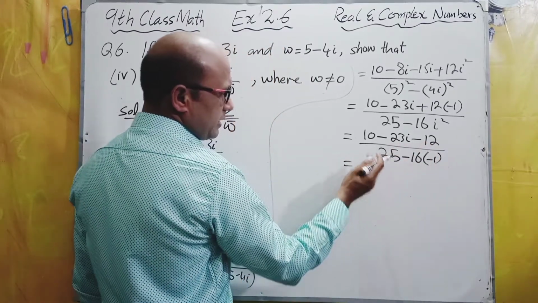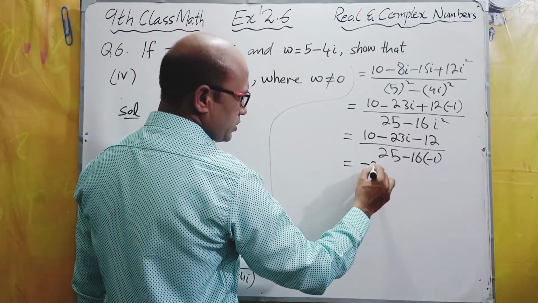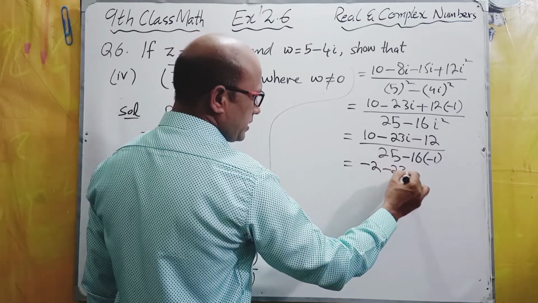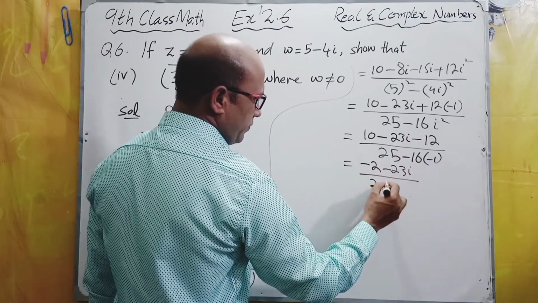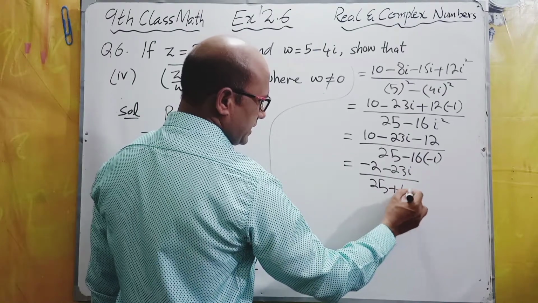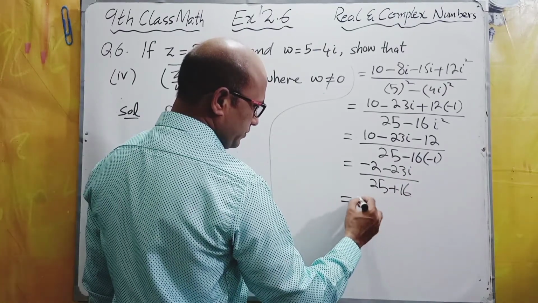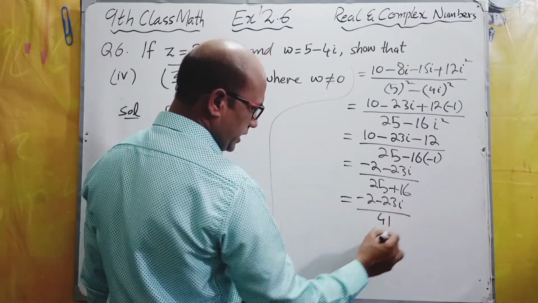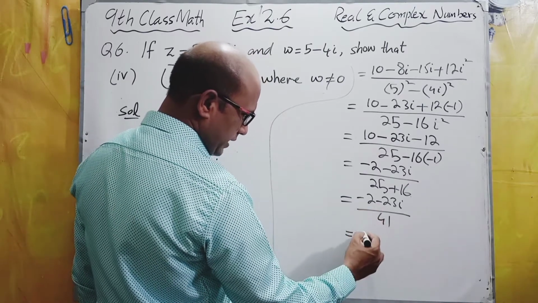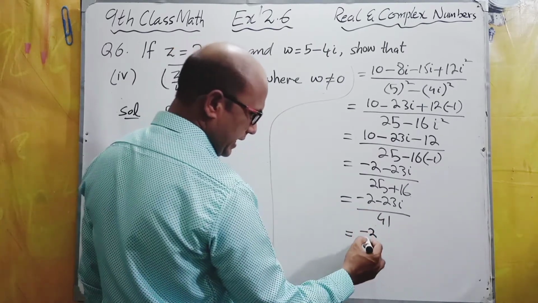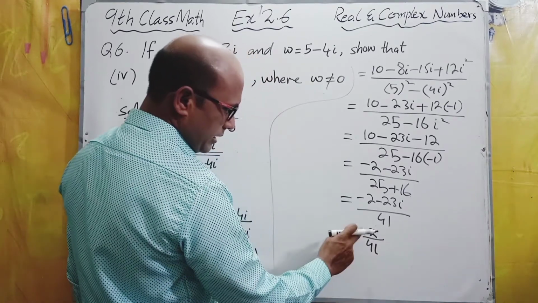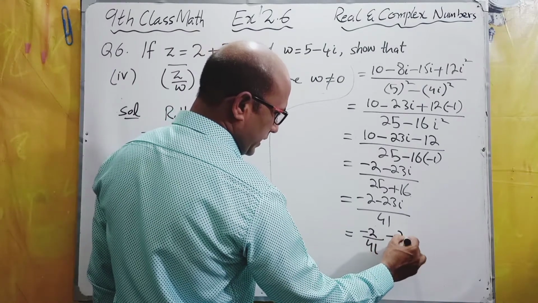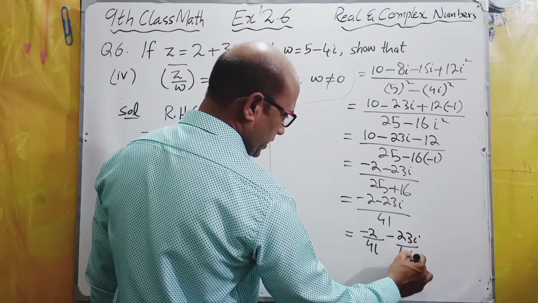Now subtracting the constants, we get minus 2, since 12 minus 10 is minus 2, and minus 23 iota over 25 minus minus plus 16. When we add them, the numerator is the same and the denominator will be 41, and when we separate the imaginary and the real numbers, we get minus 2 over 41, and minus 23 iota over 41.